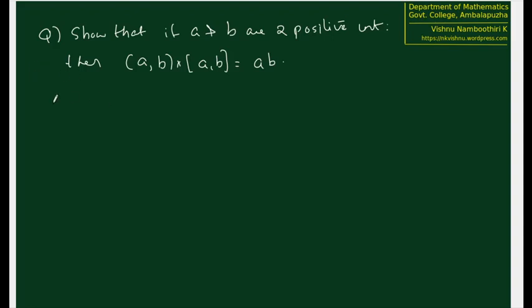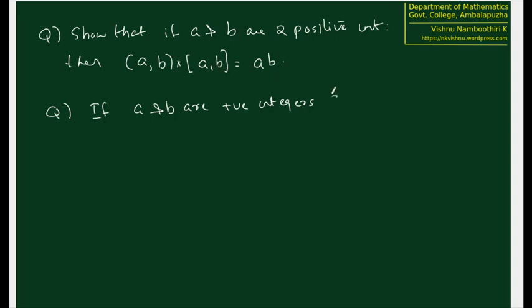And now we have an immediate consequence also. This can be verified easily. If A and B are positive integers, see here, GCD into LCM is equal to AB.